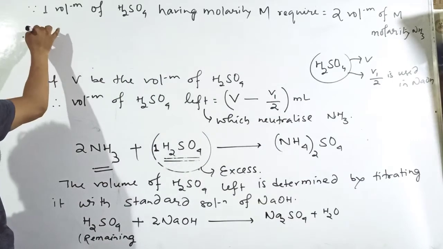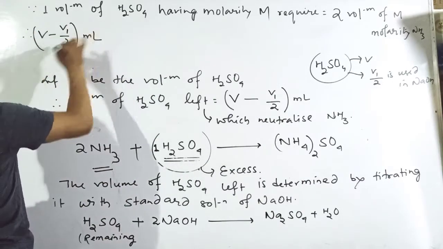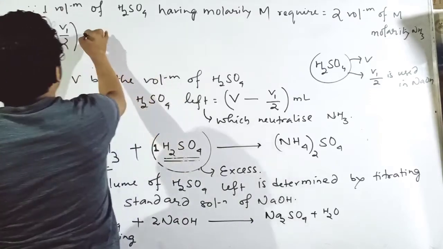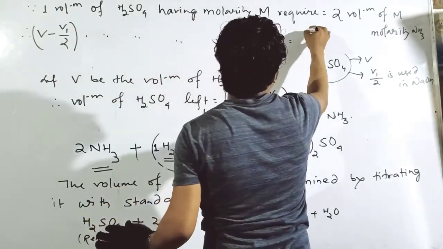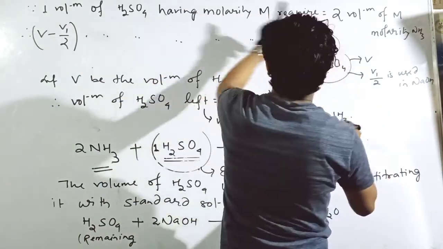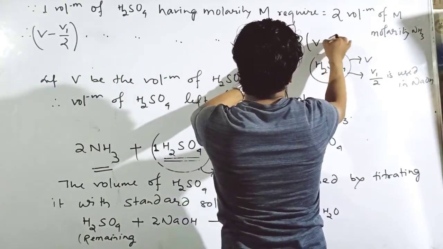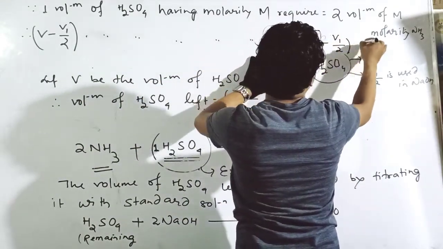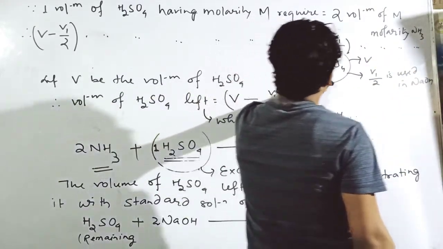Therefore, V minus V1 by 2 volume of sulfuric acid having molarity M will require 2 into (V minus V1 by 2) volume of NH3 of molarity M.